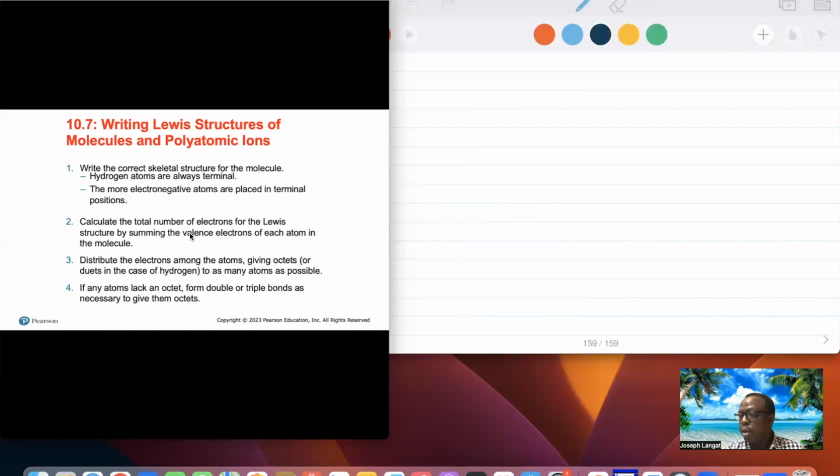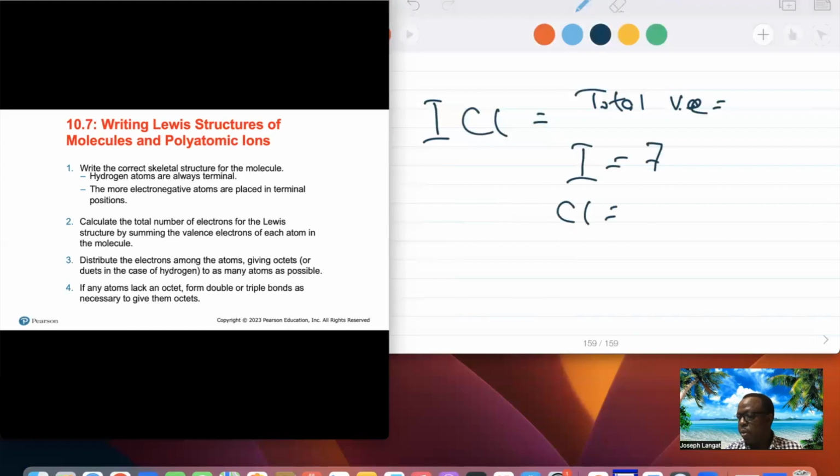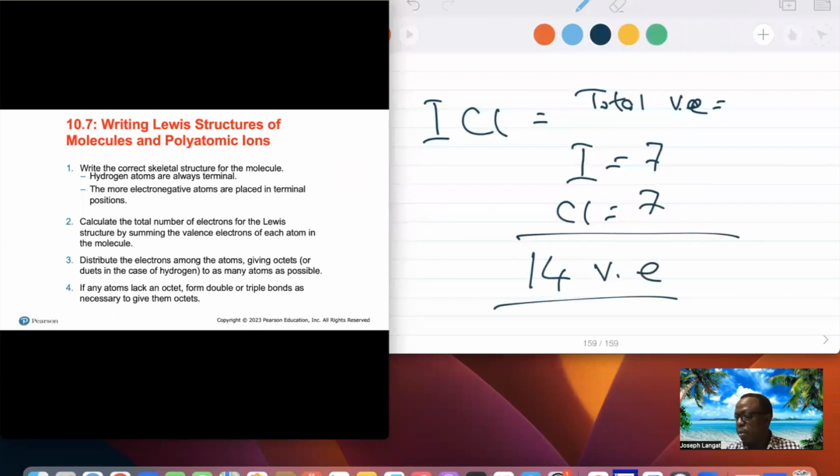Let's say if I have ICl, total valence electrons: I equals 7, Cl equals 7, and we have 14 valence electrons. That's how to calculate the total number of valence electrons, and then you distribute around the atoms in such a way that the octet rule is obeyed.